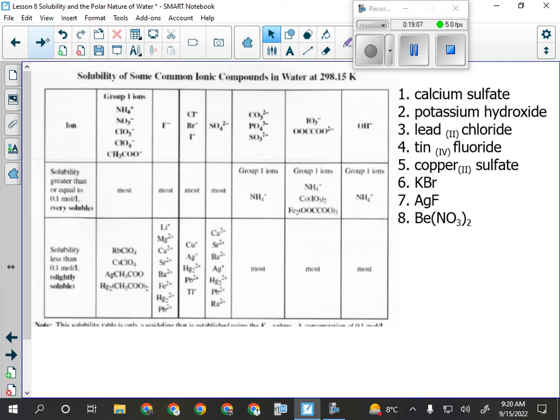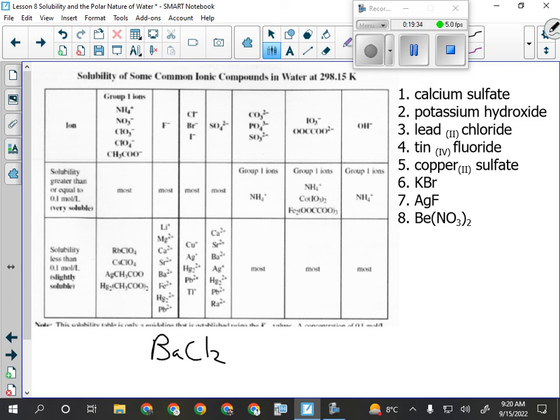Okay, so let's try. Let's go with barium chloride. If I had barium chloride, that would be BaCl2. Would that be soluble or not? I look up. Here's chlorine again.